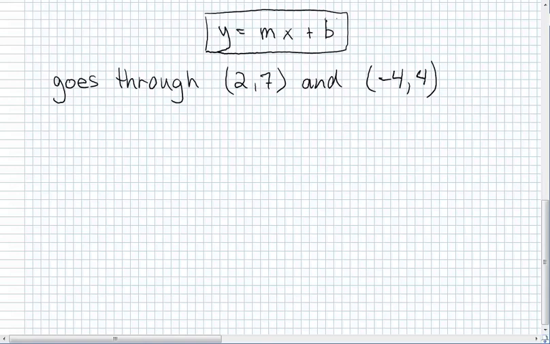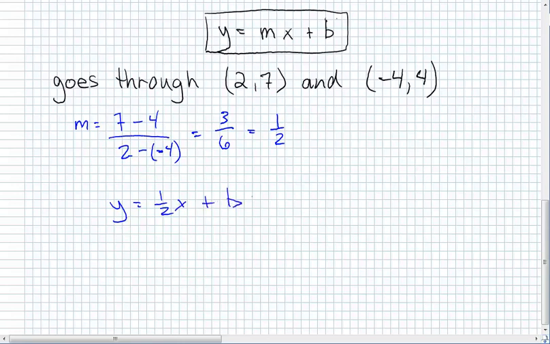Okay, so to find the slope then, I just use the slope formula. In other words, slope is 3 over 6. In other words, 1 over 2. So that's my slope. So I know the equation is y is equal to 1/2 x plus b. I don't know what the y-intercept is, but I can plug in either this point or that point to figure it out. Let's use 2, 7.